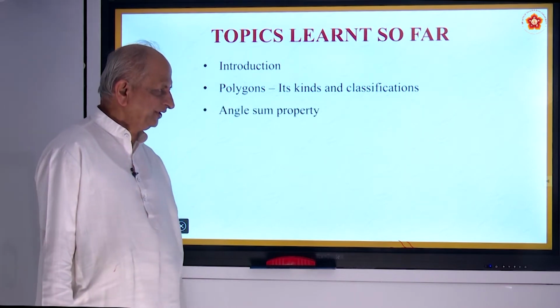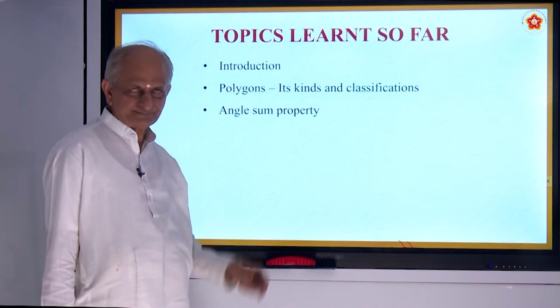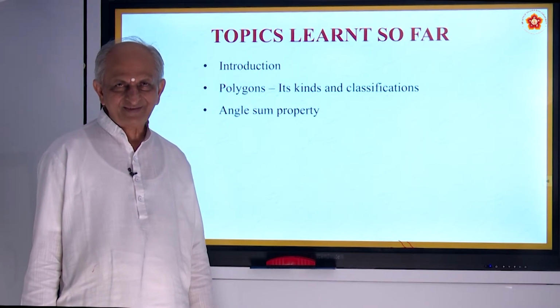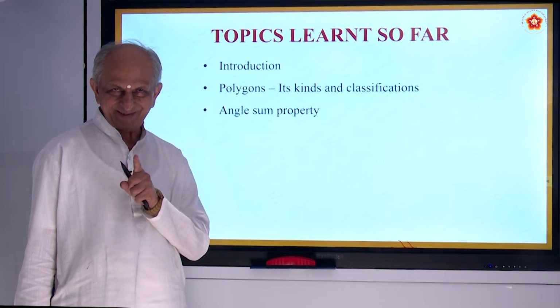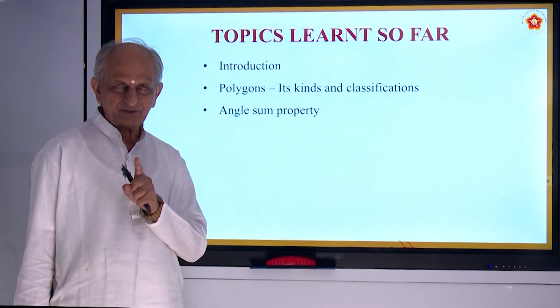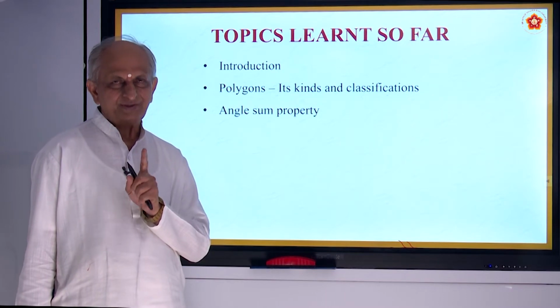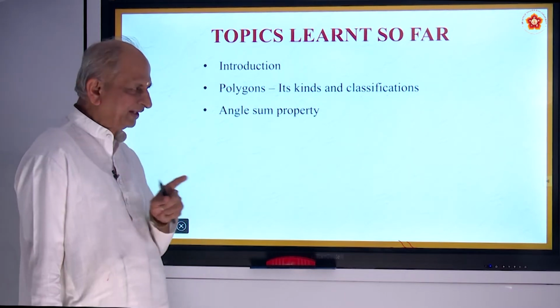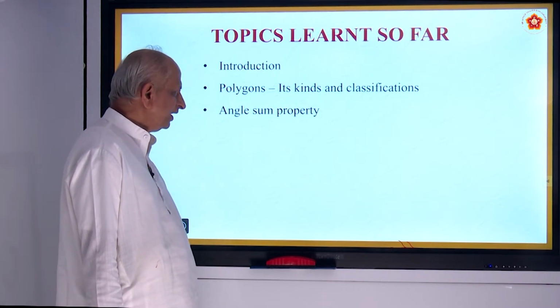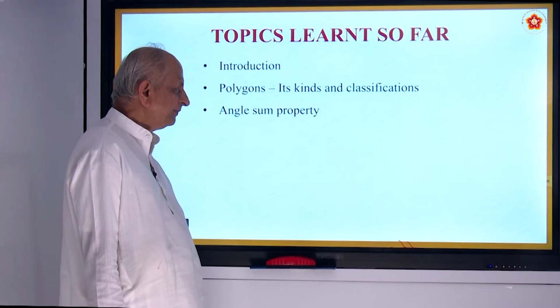And also we have seen that angle sum property. For a triangle, what is the sum of all the angles? 180 degrees or 2 right angles. For a quadrilateral, 360 degrees or 4 right angles. Like that, all polygons will have a sum of the angles.